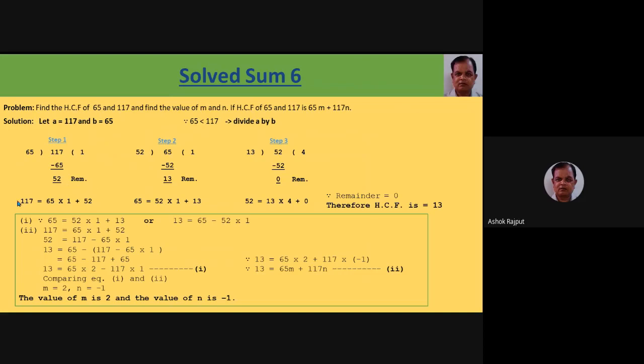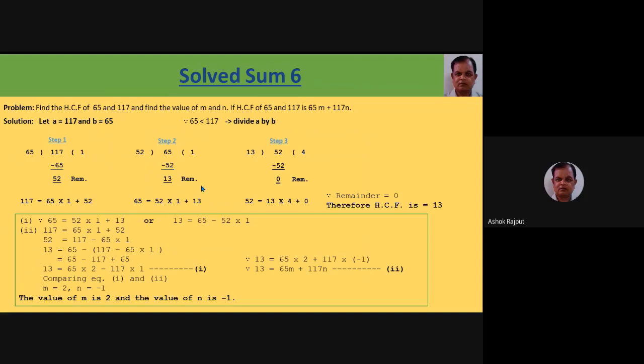First we check this step is correct by the lemma. 117 equals 65 into 1 plus 52. If solved, we find 117 equals 117. Now the next step: the remainder is now the divisor and the divisor is the dividend. 52 times 1 is 52, we subtract, and the remainder is 13.